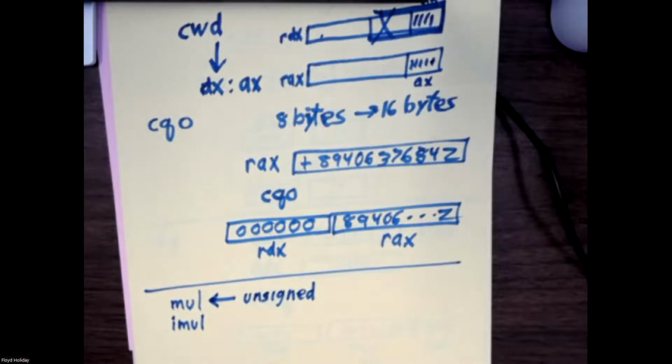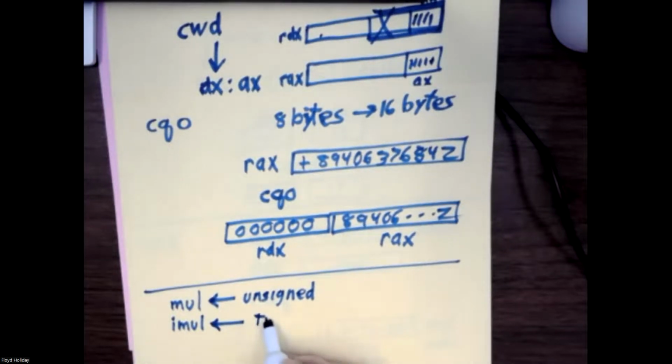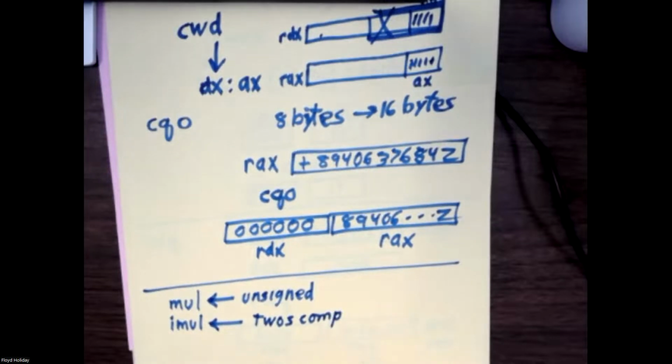The high order bit is just part of the number. If it's signed, then this is 2's complement. 2's comp really cares about the high numbered bit. It treats it as a plus or a minus. A 1 is a minus and a 0 is a plus.